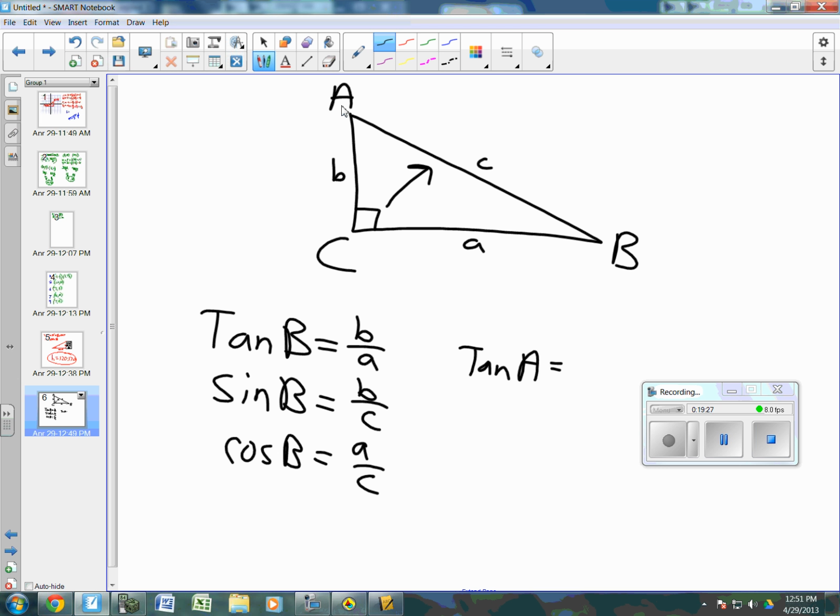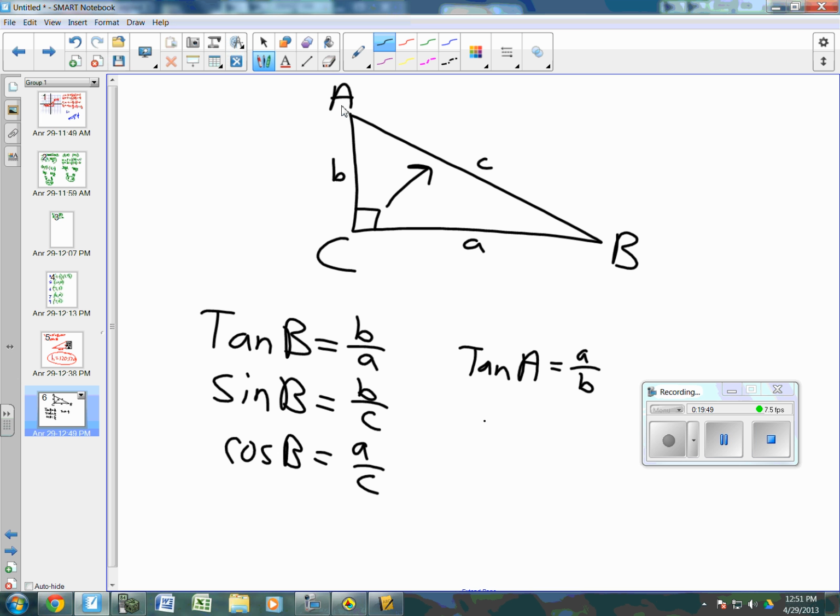Say that again, Talon. Little a over little b, right? Because now my reference angle is up here, so which side's opposite of it? A, right? And b is adjacent to it. So my opposite and adjacent switched. You guys get that? The opposite and adjacent switched when I changed reference angles.